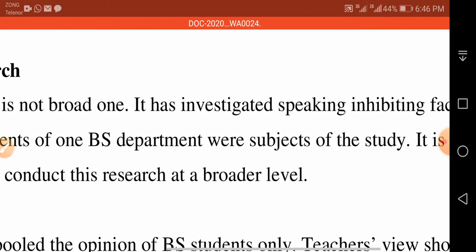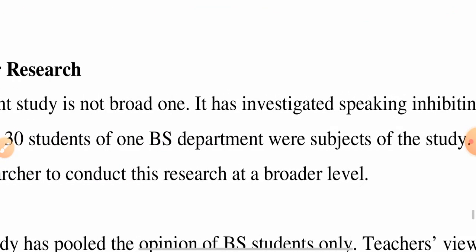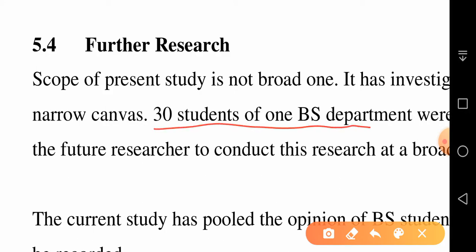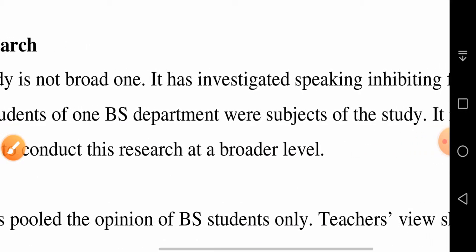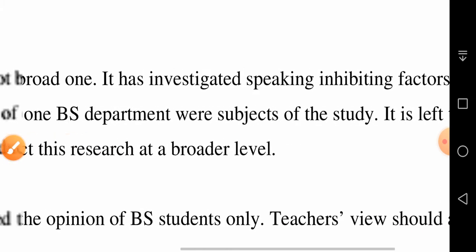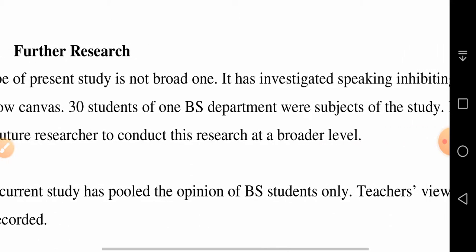This study has investigated speaking inhibiting factors at a narrow canvas. That is, 30 students of one BS department were subjects of the study. Subjects mean participants. It is left to the future researcher to conduct this research at a broader level.